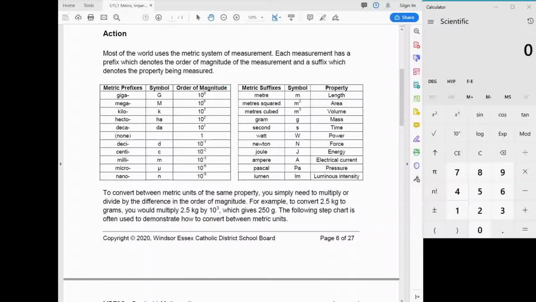If you look at the table on the right, where the metric suffixes are listed, each unit measures a different property. The one we use to measure distance or length is called the meter. The symbol is lowercase m, and it measures length.